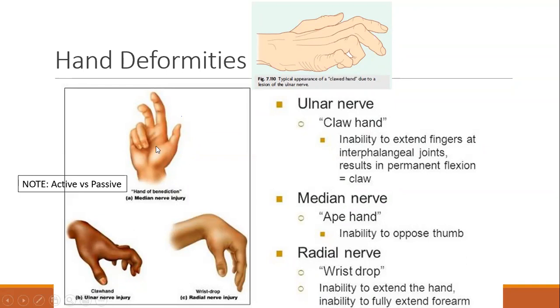Versus if your patient came in and they said that they noticed slow contraction of the fingers towards the hand, that could be Dupuytren's contracture. Versus you can actually have ulnar nerve damage cause this, but it's more of a passive thing.